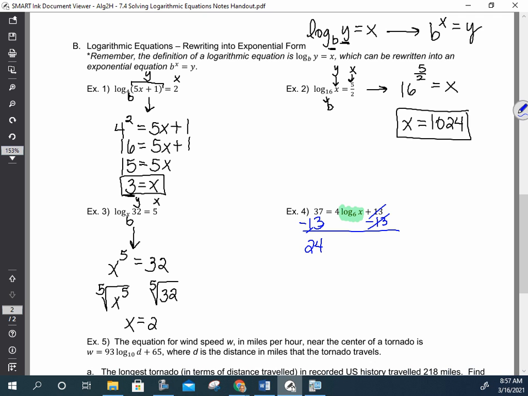So 24 equals 4 log base 6 of x. That 4 is multiplying times this log, so we're going to divide it to get rid of it.